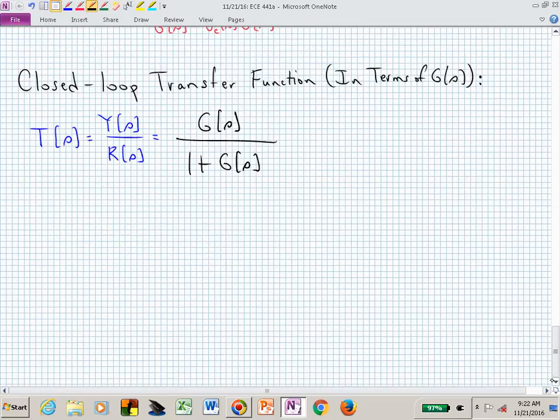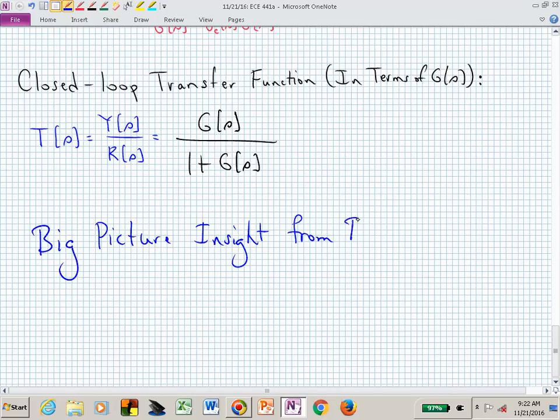So let's look now at the big picture insight that we can achieve from the Bode plot of G of s relative to the closed loop transfer function T of s.